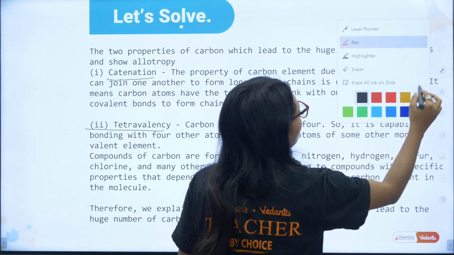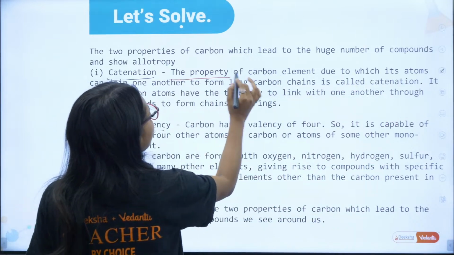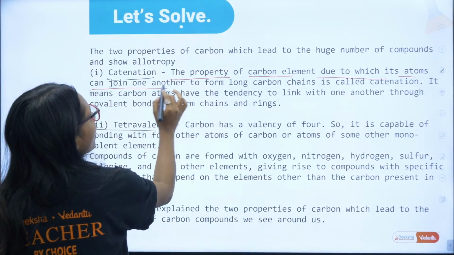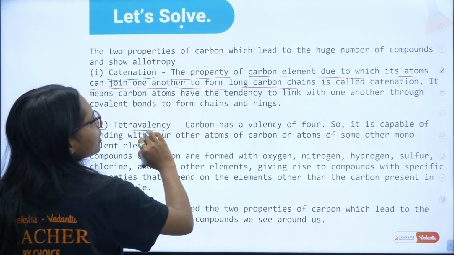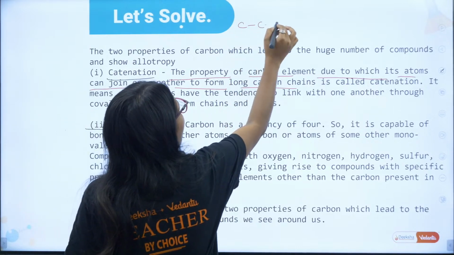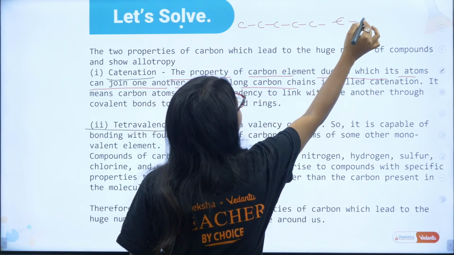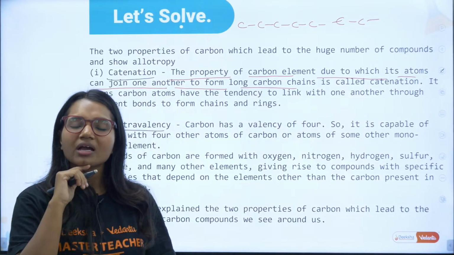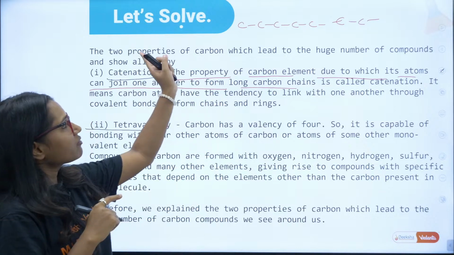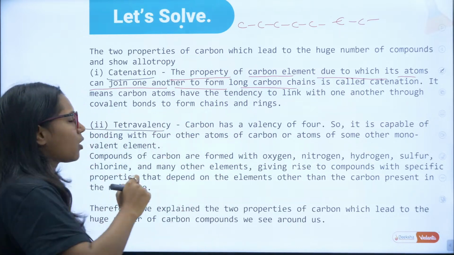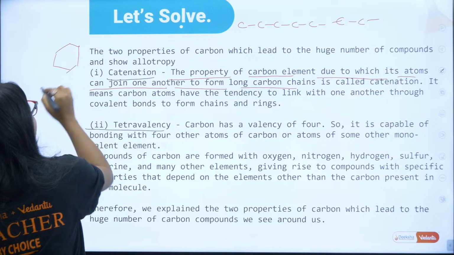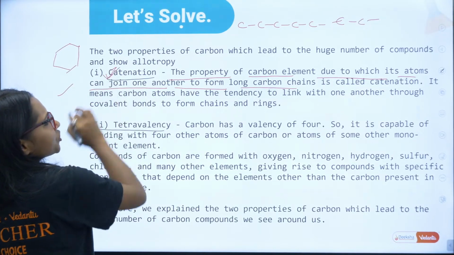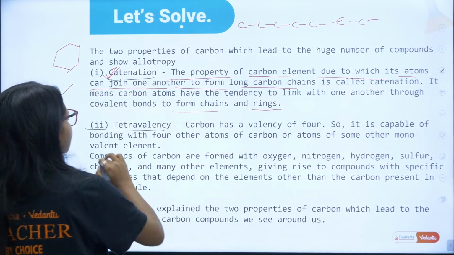The property of the carbon element due to which its atoms can join one another to form long carbon chains is called catenation. Carbon is the only element which can link with each other, and because of this, long chains of carbon are possible. Rings of carbon are possible. So because of catenation, there are so many chains and rings.